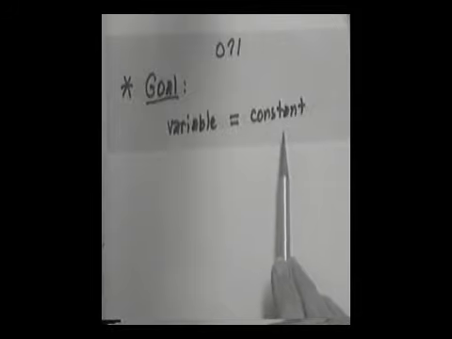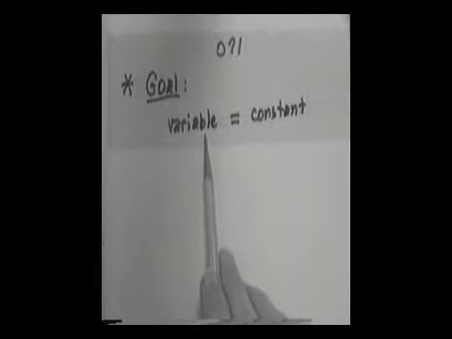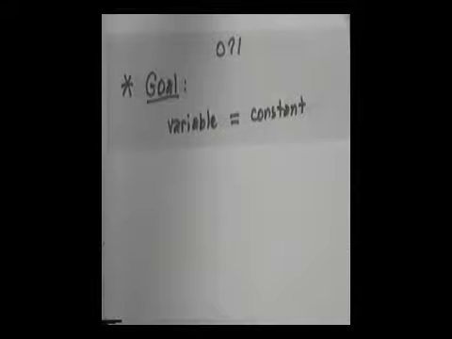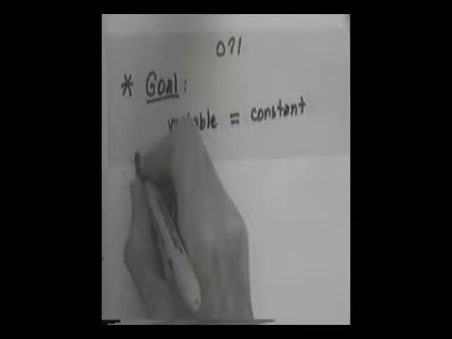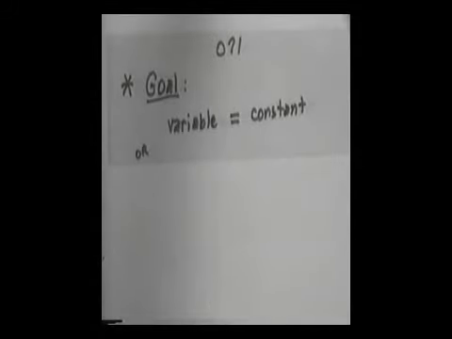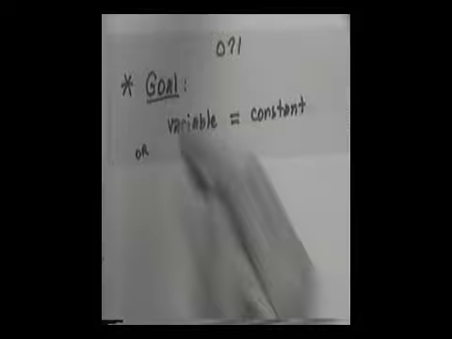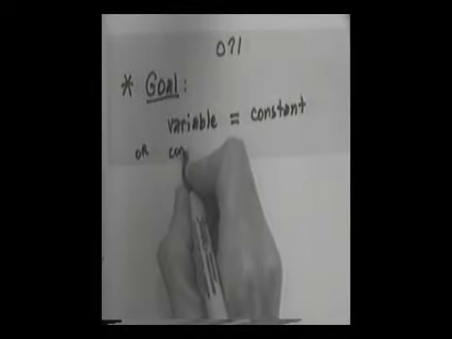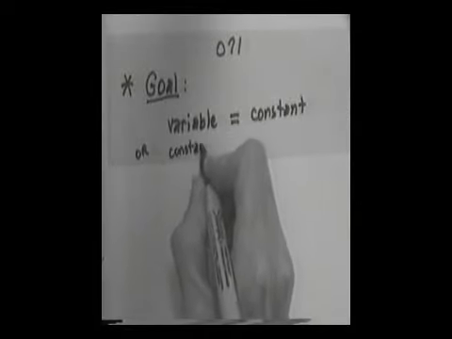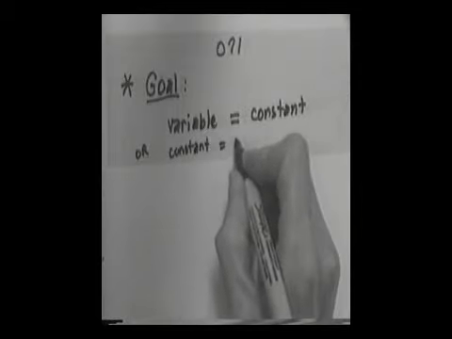Now, one thing we need to recognize is that when we have an equation, the two sides of the equation may be interchanged. That is, instead of having variable equals constant, it is perfectly correct to have constant equals variable. So variable equals constant, or constant equals variable.